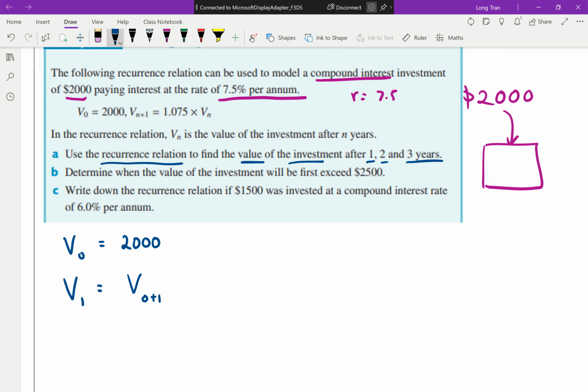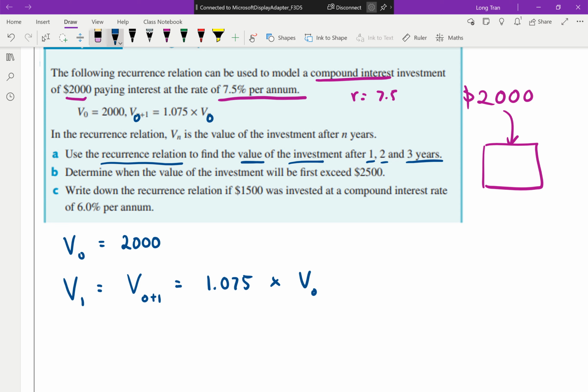That's how you get V1. That should equal 1.075. So they already gave you the 1 plus R, they've already done that for you. You'll see what I mean once I break it apart. Times V0. If n was 0, then V1 would equal 1.075 times V0.